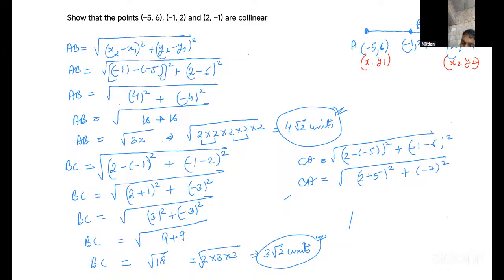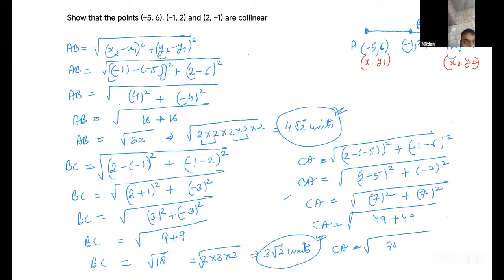So CA is root of 7 square plus 7 square, which is root of 49 plus 49. So CA will become root of 98. Root 98 can be written as 7 into 7 into 2. Now this will come out, so only 7 will remain behind. CA will become 7 root 2. Okay? Yes or no?